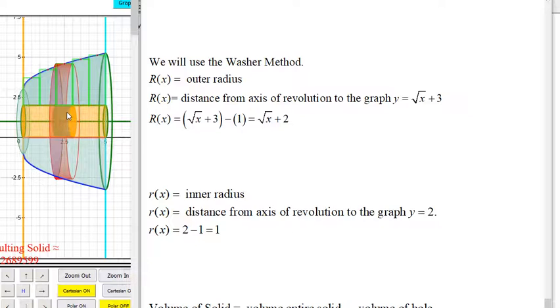Now the radius of the hole is from here to here. This line is y equal to 2, and the axis of revolution is y equal to 1, so we have 2 minus 1, which is 1. For the outer radius, we'll call it big R of x, and for the inner radius, we'll call it small r of x.